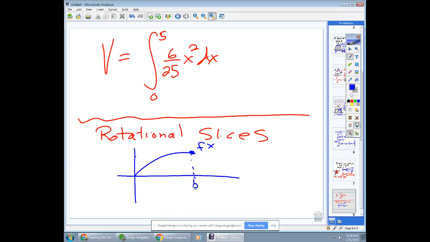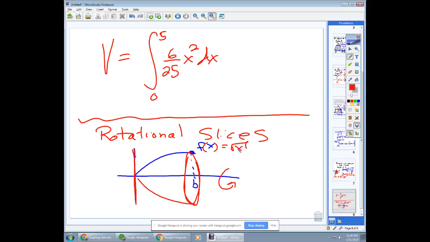And then what I want to do is spin it around the x-axis. So anybody ever done pottery with a wheel? Yeah. This is a pottery wheel. We're spinning around the x-axis, so this would be the base of my pottery wheel. And then this object is going to become 3D. So I'm going to create a parabolic dish if that were a half of a parabola. So say, if it's sideways, then maybe my f of x here is the square root of x.